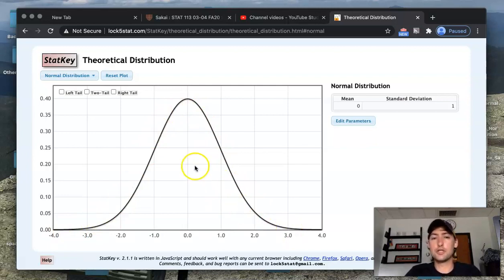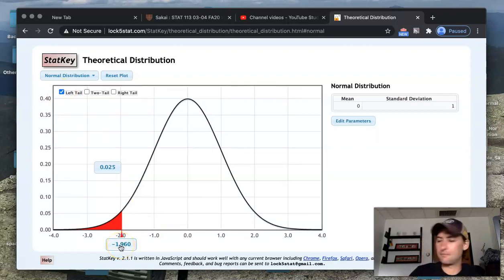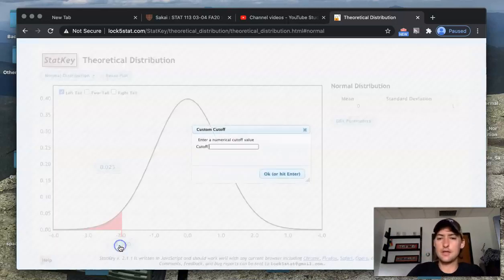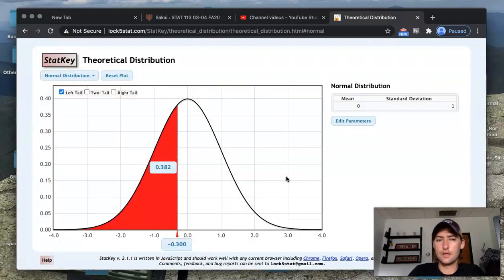We could always just leave it like this, and instead of entering the raw baby weight, which was 6.4, we could enter the z-score and come up with the same exact conclusion. So I'm going to change this bottom thing. The z-score of that woman who gave birth to the 6.4 pound baby was negative 0.3. And you'll see, just like magic, we get the same exact result.